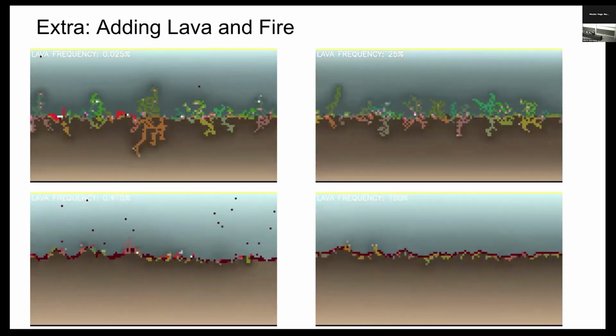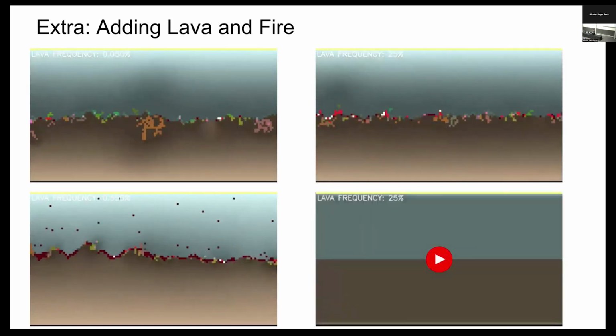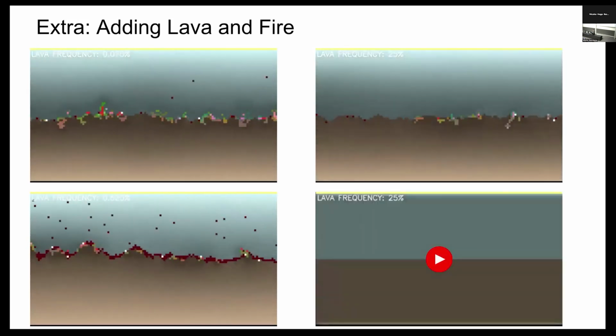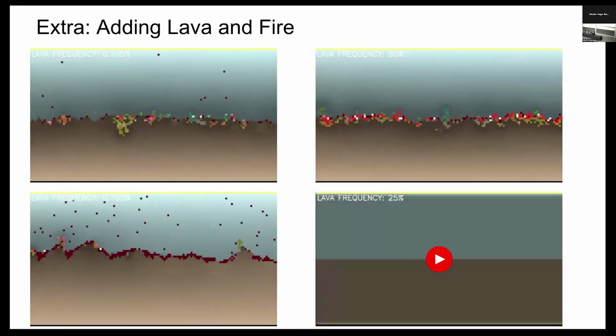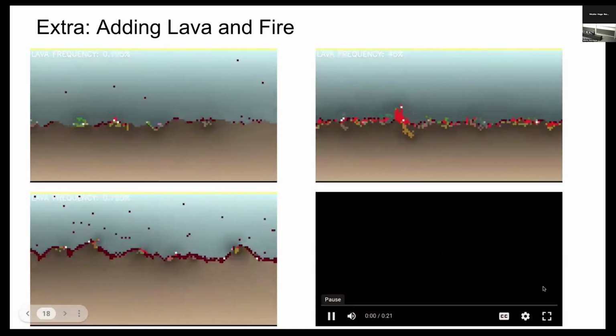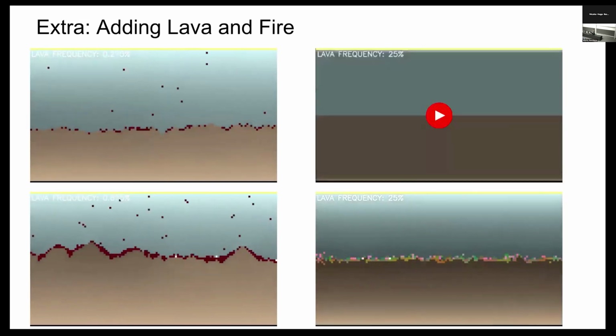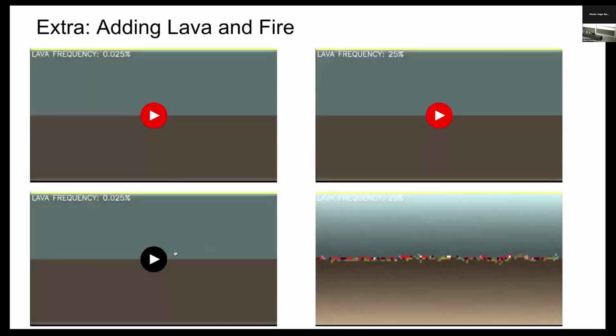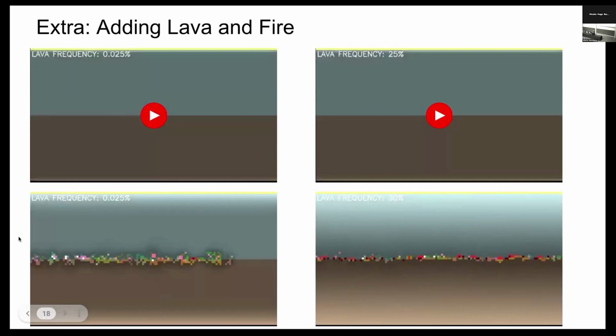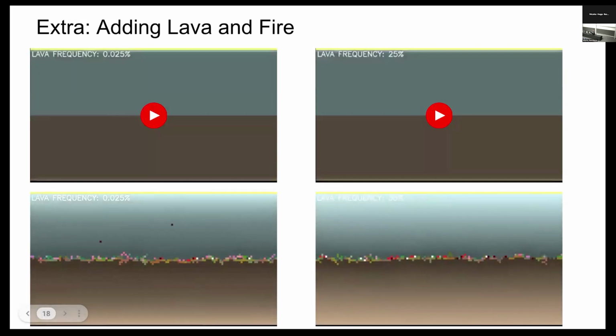They don't work very well. But on the bottom, you have the one which I was telling you comes from the tiny world, and it works wonderfully. It perfectly survives the lava environment on the right, so it just doesn't die out. And on the left, it survives a very, very high frequency of lava falling down.